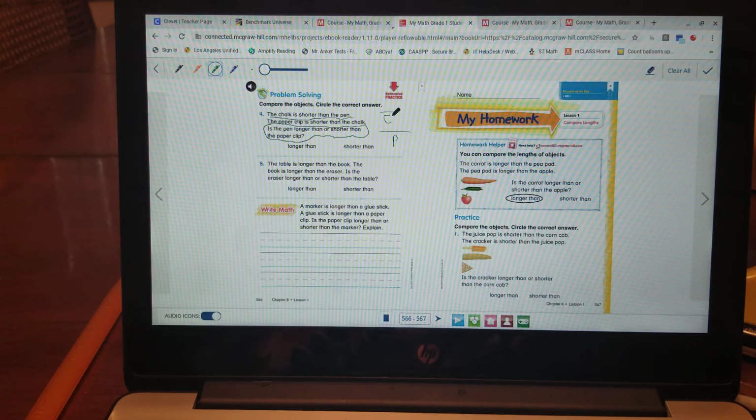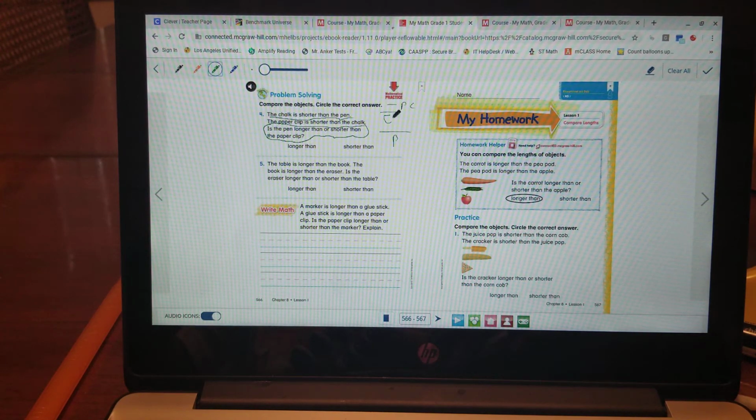The paper clip is shorter than the chalk. So if this is my chalk, then I'll make the paper clip, and I'll say that's a P. Sorry I didn't put it all the way over, but I think you can see here that this is smaller.